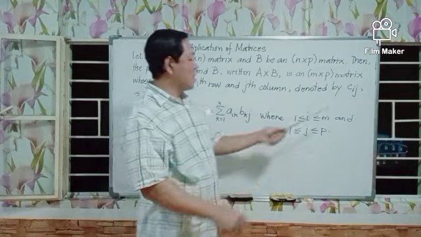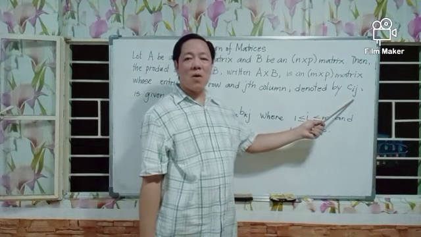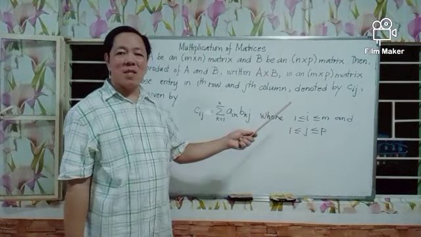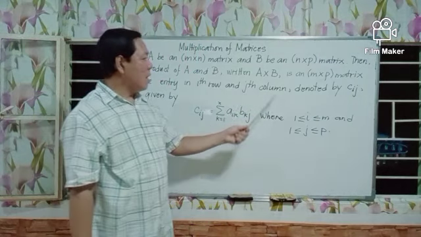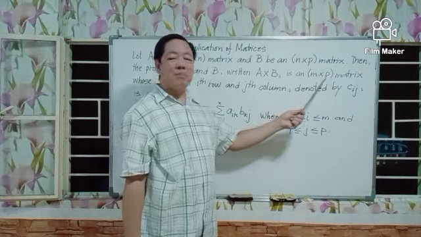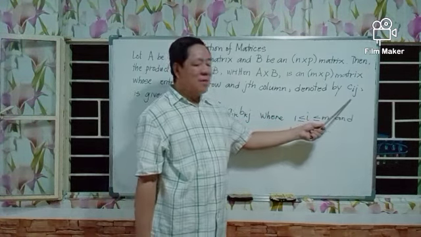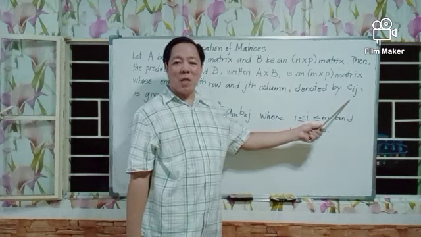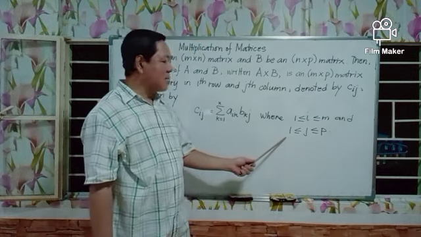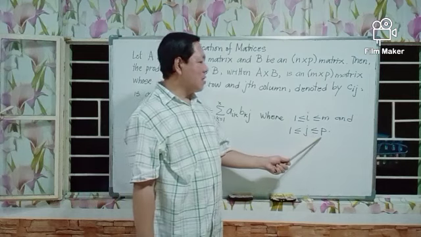And the second subscript J indicates the column number of the entry C sub ij. Because B has P columns, the value of J will go from 1 to P, or J is between 1 and P.